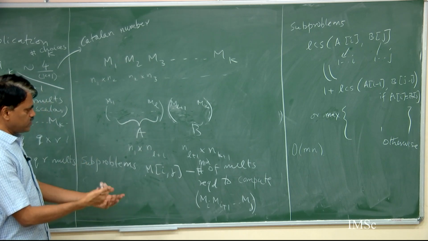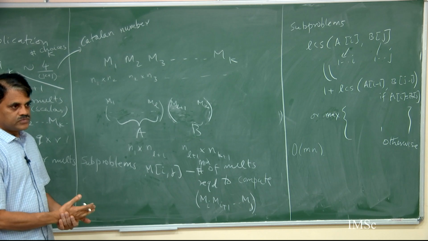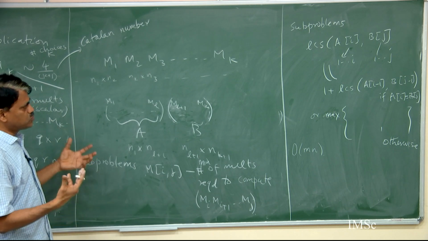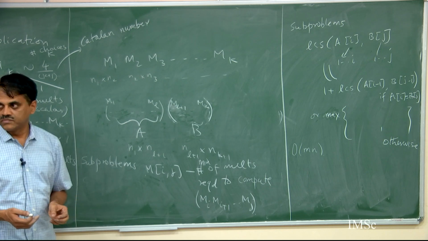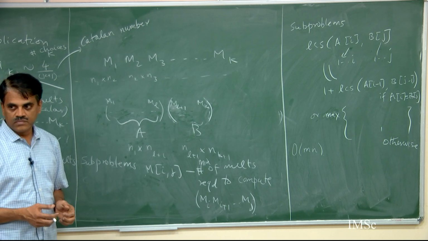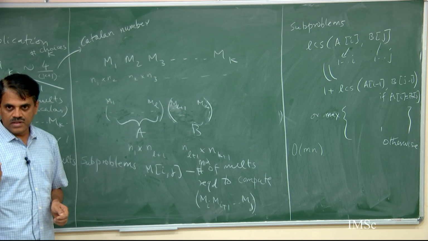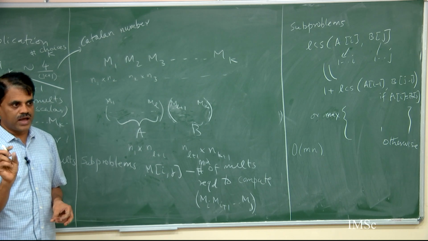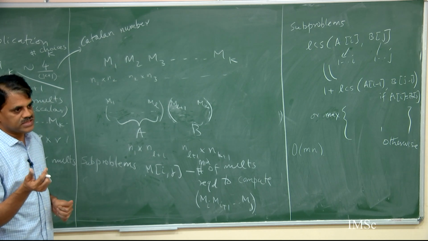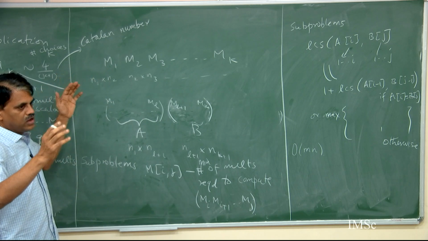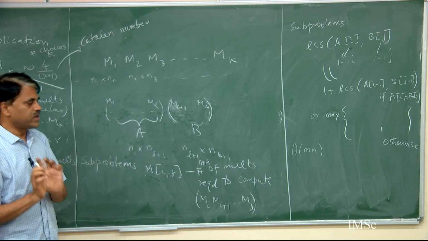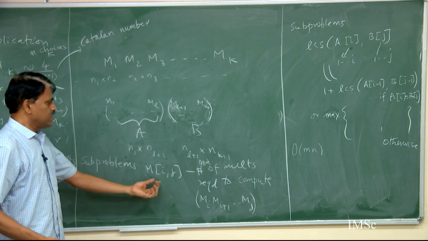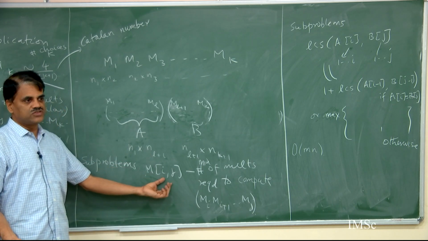What is smaller in my recursive thing? The gap j minus i is decreasing. For 1 to k, I cut it at some place and then I have these smaller intervals. So, do it from smaller, the increasing lengths of j minus i.